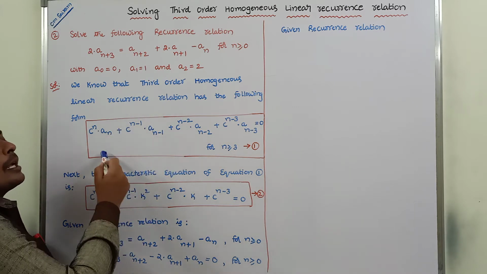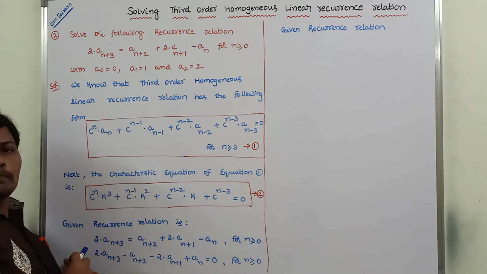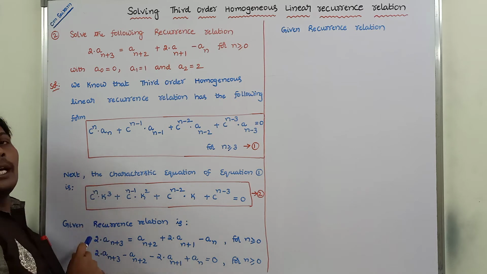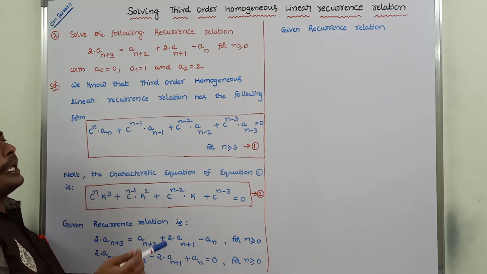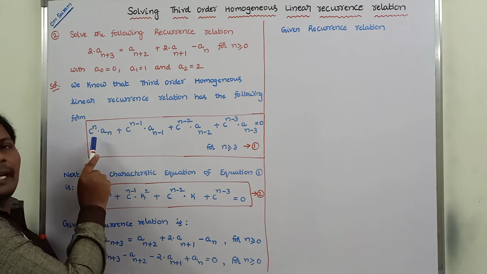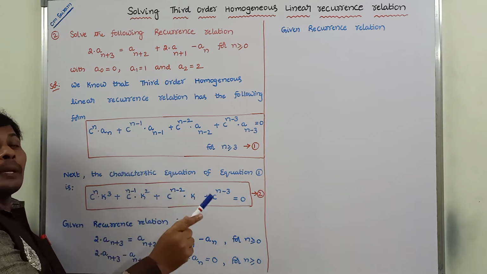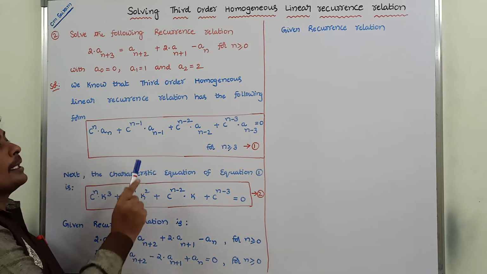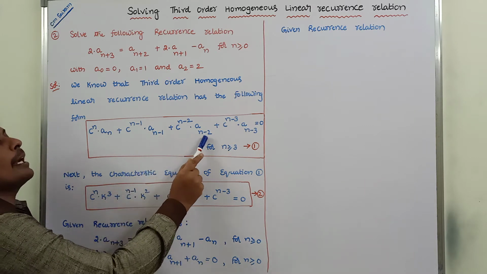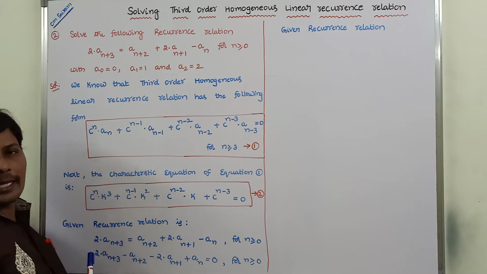So this is the general form of the third order linear homogeneous recurrence relation. Here the nth term can be defined in terms of its immediate previous three terms, that are n minus 1, n minus 2 and n minus 3.